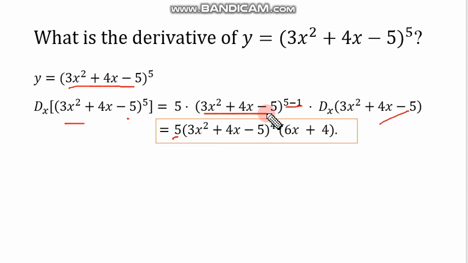Take note, we did not do anything inside, so we just leave it as it is, raised to the fourth, times the derivative of the inner function. The derivative of 3x squared plus 4x minus 5 is 6x plus 4. So this is the final answer: the derivative of our function is 5 times the quantity 3x squared plus 4x minus 5, raised to the fourth, times the quantity 6x plus 4.